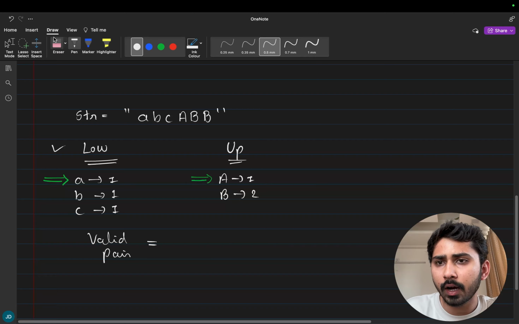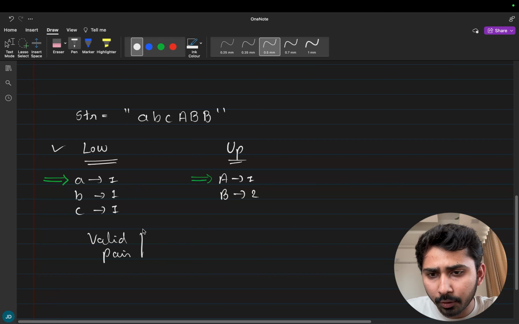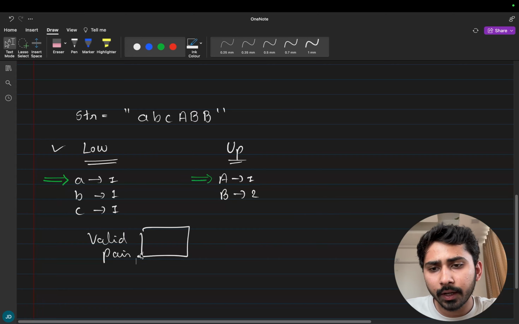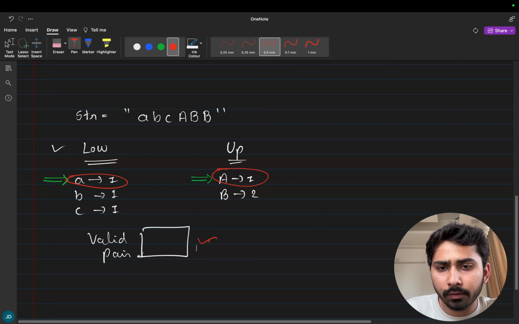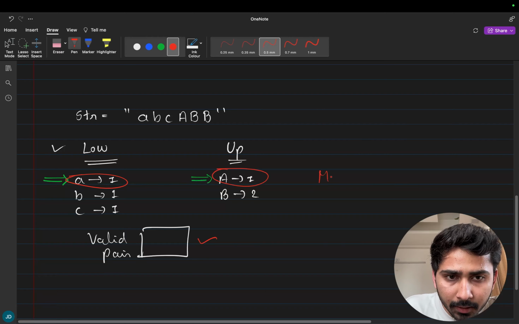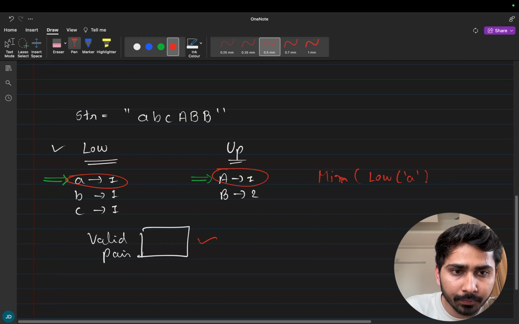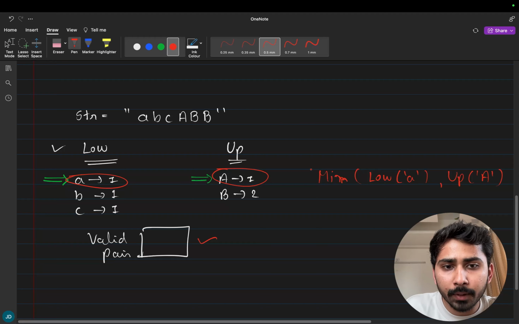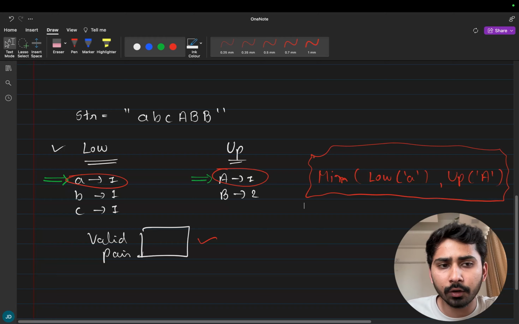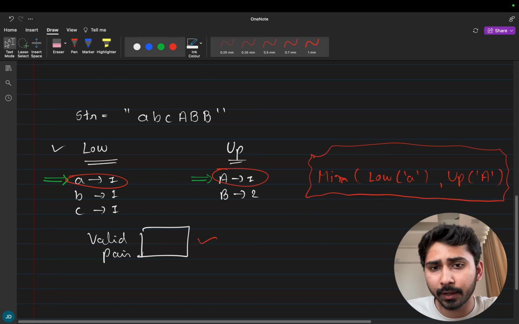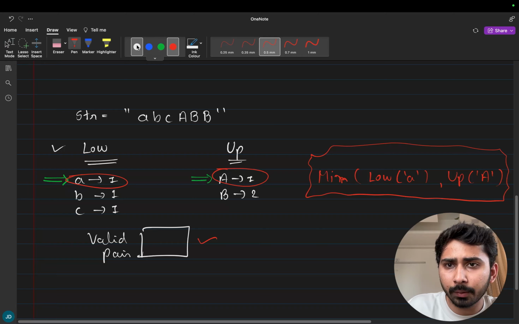Let's say there is a counter variable called valid pairs, for how many valid pairs are already there in the given string. I want to know the contribution of this pair to the total valid pairs. So you can just take the minimum of the frequency of lowercase A and uppercase A. Why am I using the minimum?